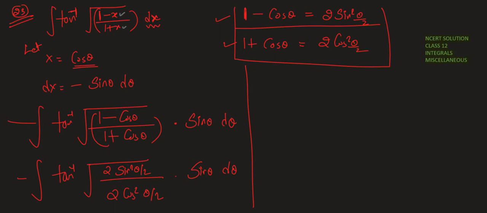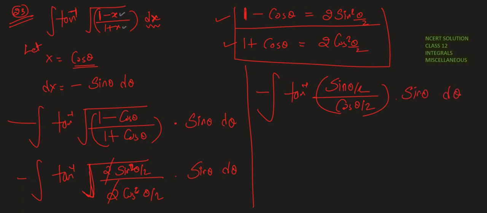What can you see now? 2 and 2 cancel. And if I take this root, what will happen to this square? This square will disappear. So let me write tan inverse of sin theta by 2 by cos theta by 2 into sin theta d theta.